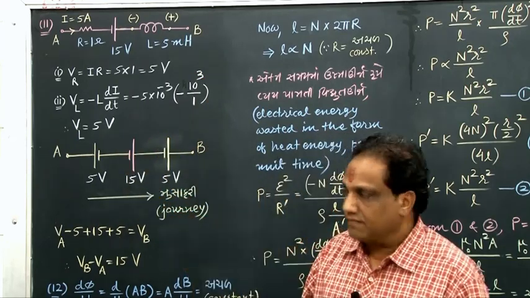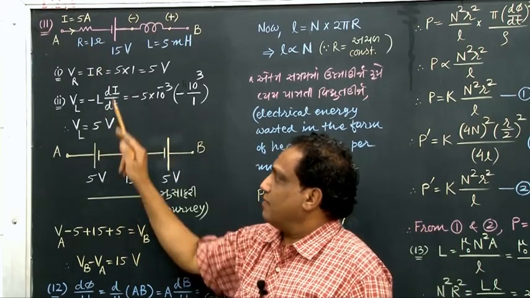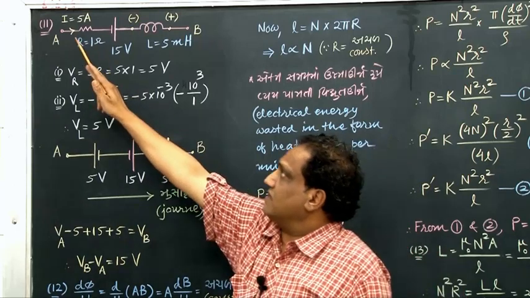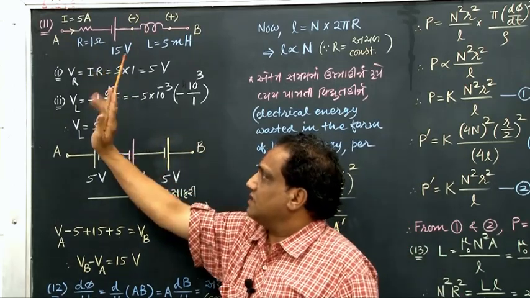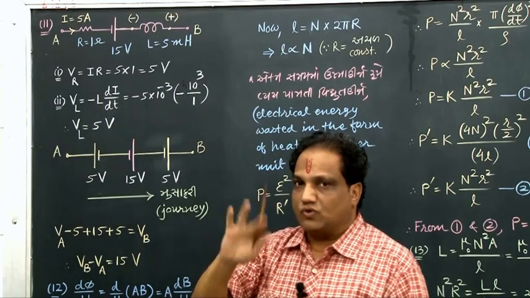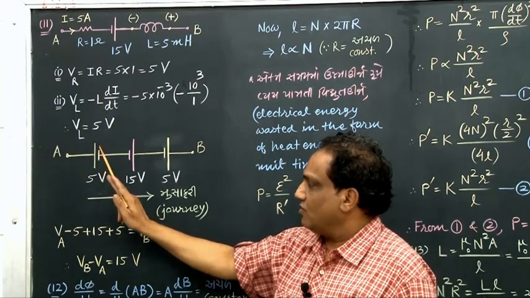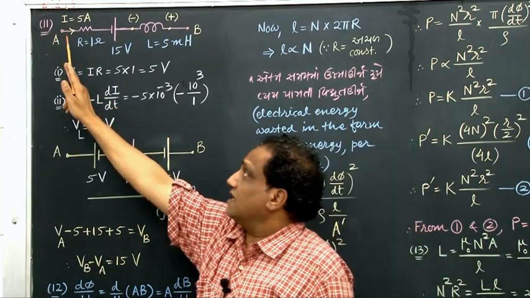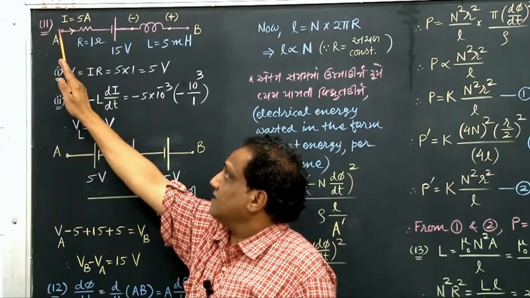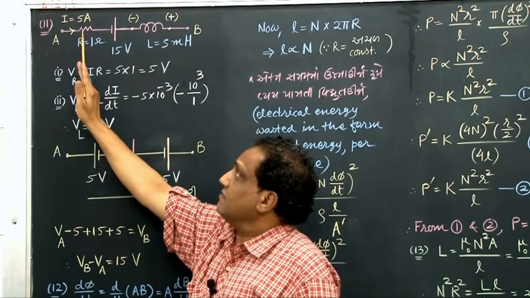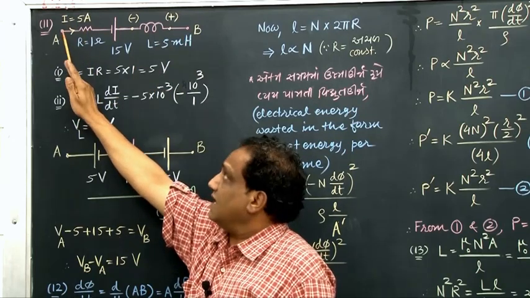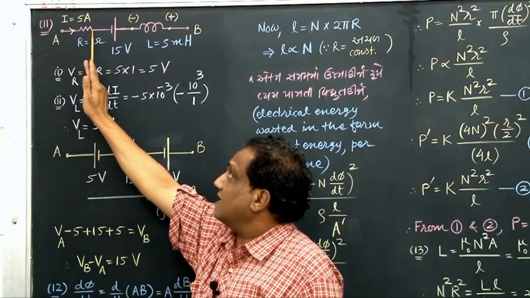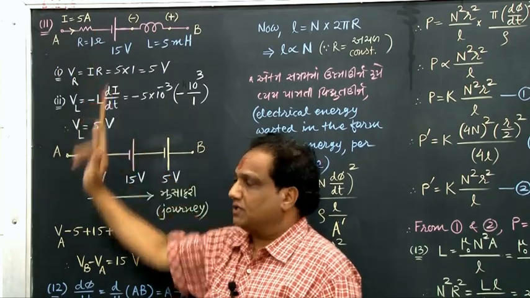Now let us do one thing. Let us just place equivalent batteries. Potential difference across the two ends of the resistor is 5 volt, so I am placing a battery of voltage 5 volt. But mind well, because current is flowing this way, toward the right hand side, for this resistor the left end will be at higher potential and the right end at lower potential.